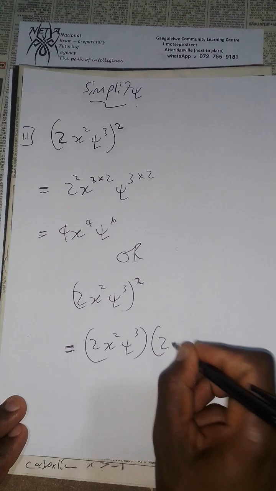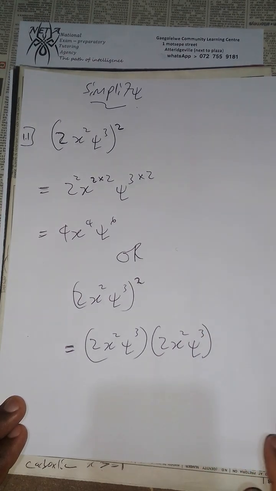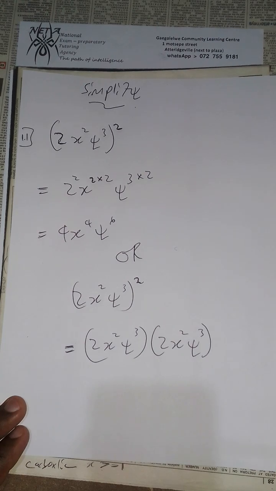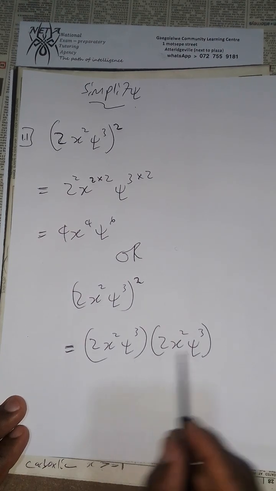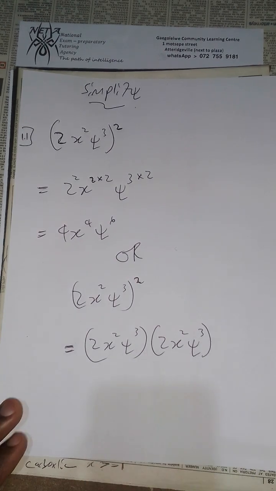We can have 2 brackets, and we multiply like variables. y and y are like variables, x and x are like variables. They are the same variable, so you just multiply everything that is the same, and a coefficient will be multiplied with a coefficient.